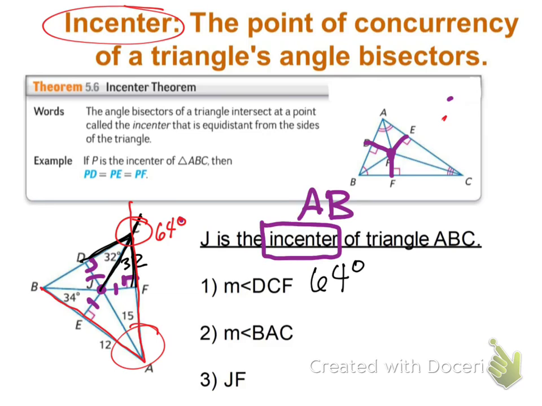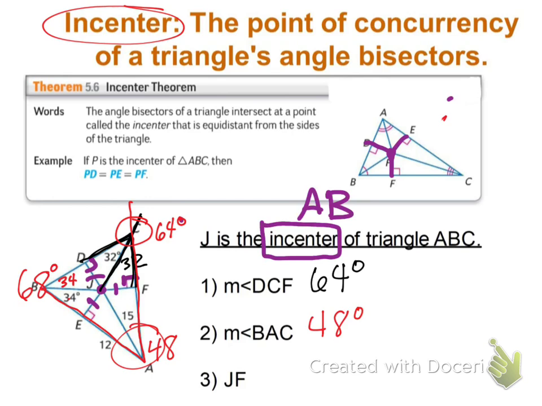We can figure out where angle B is because if this little piece is 34, so is this other piece. So that whole angle would be 68 degrees. Now we know two of the angles in that big triangle, so we can find the other one. If I subtract those from 180, I get 48 degrees. So this whole thing is 48, which means each one of those would be 24.